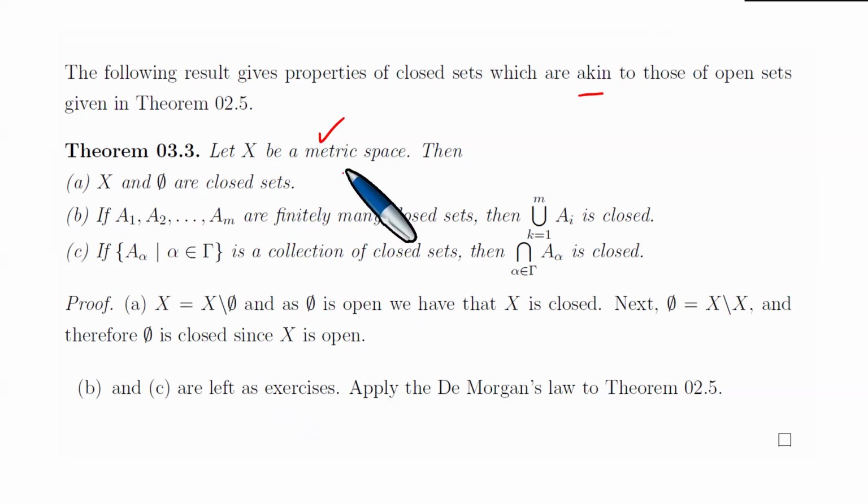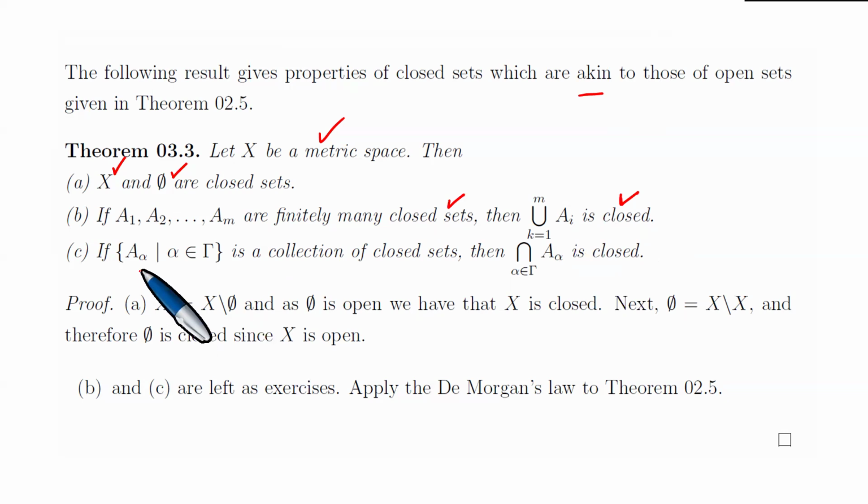If A1, A2, up to Am are finitely many closed sets, then the union is closed. So the union of finitely many closed sets is itself closed.